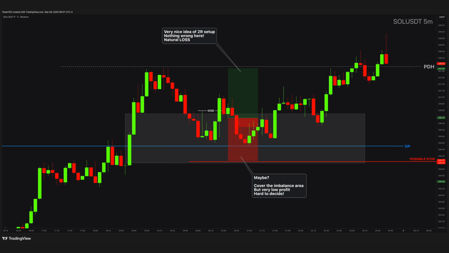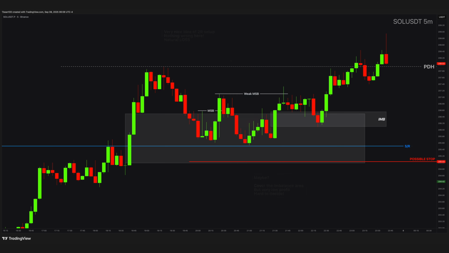Now let's imagine you did take that first trade and unfortunately got stopped out. It is not the end of the world. Then a second trade opportunity shows up, this time with a market structure break and imbalance forming inside the zone. At first glance, you can see that this 2-to-1 risk-reward compact setup worked out really well.